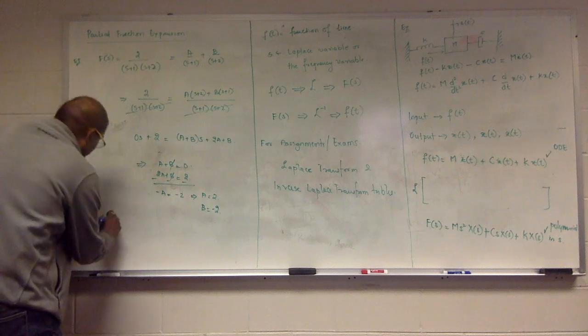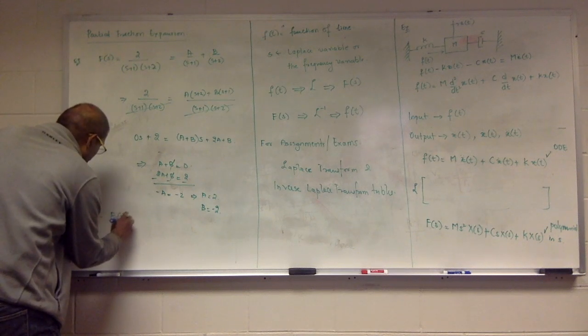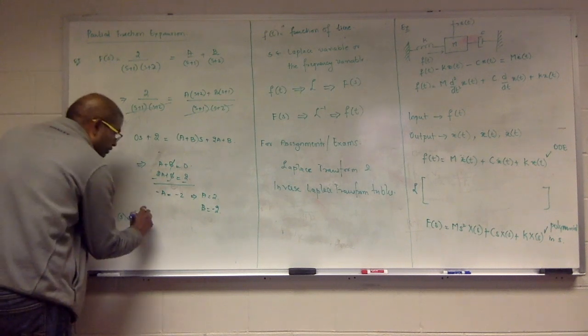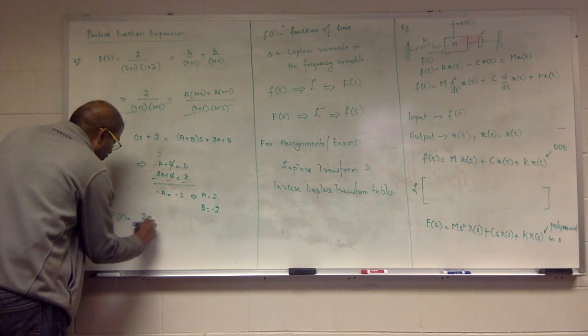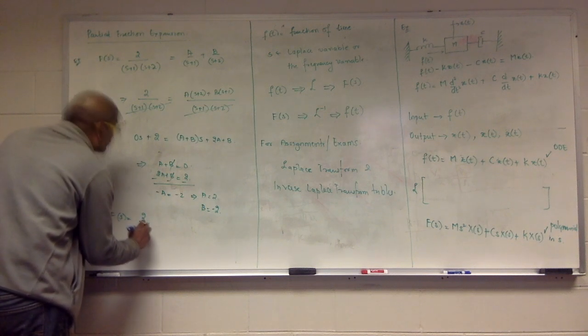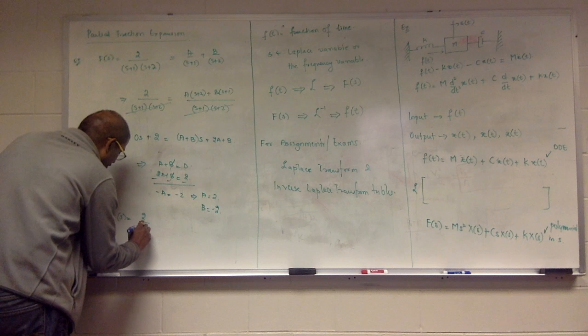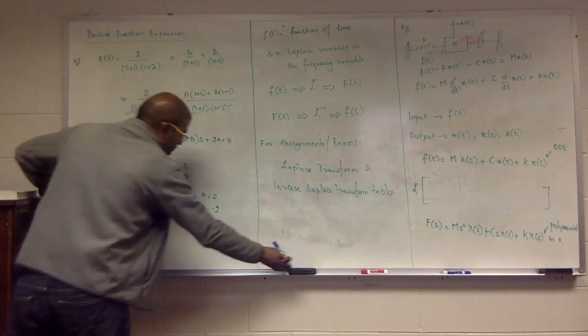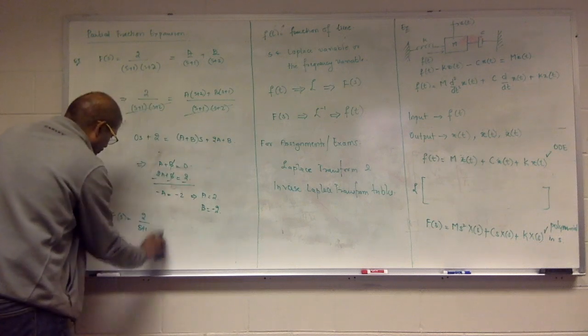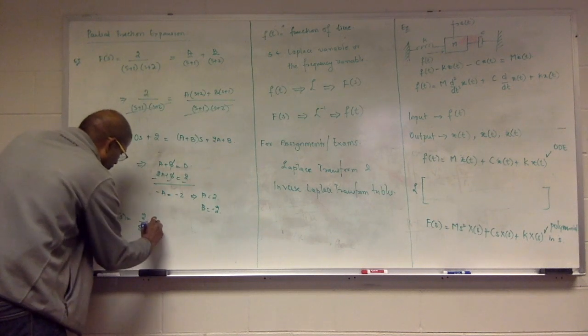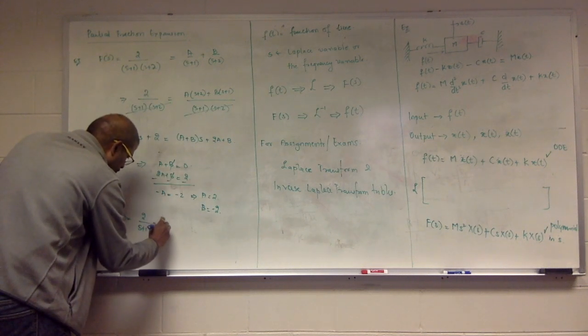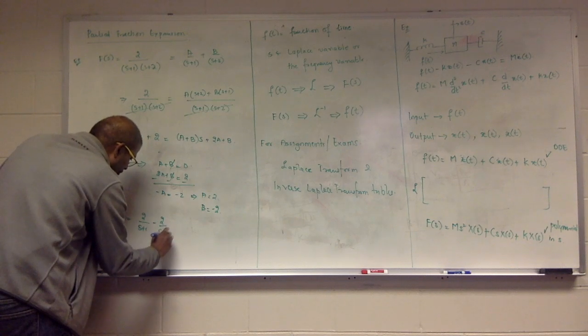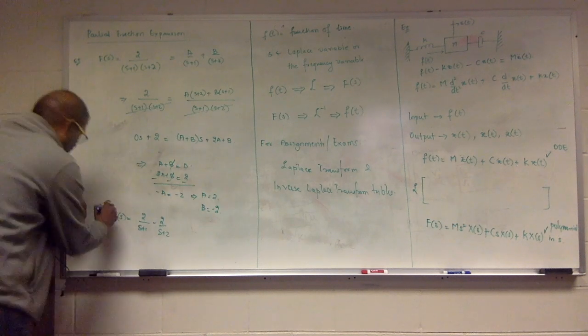Now you can write F of s is equal to 2 over (s plus 1) minus 2 over (s plus 2).